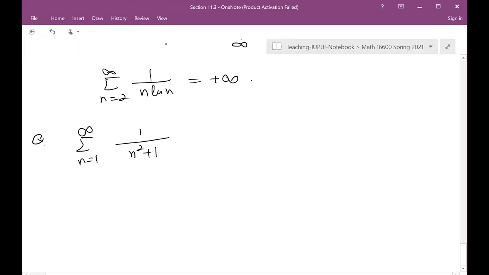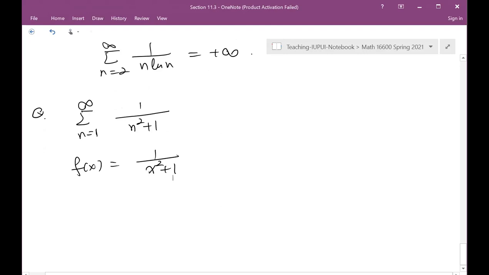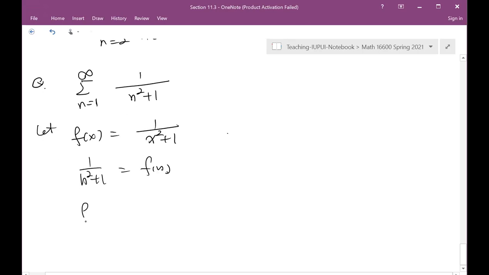So I consider this term to be a value of a function. You let f of x be that, then 1 over n squared plus 1 equals f of n. What we have to do is check that this f of x is positive and decreasing. That's all we need.